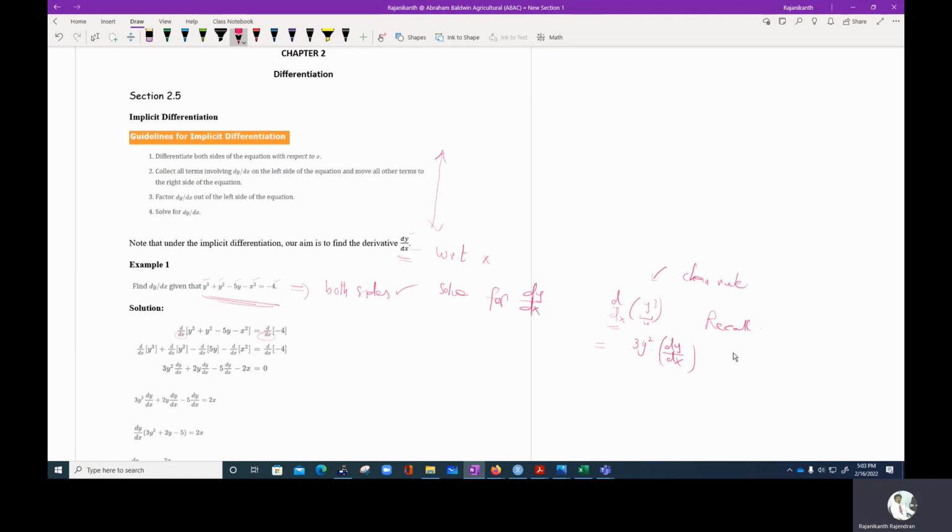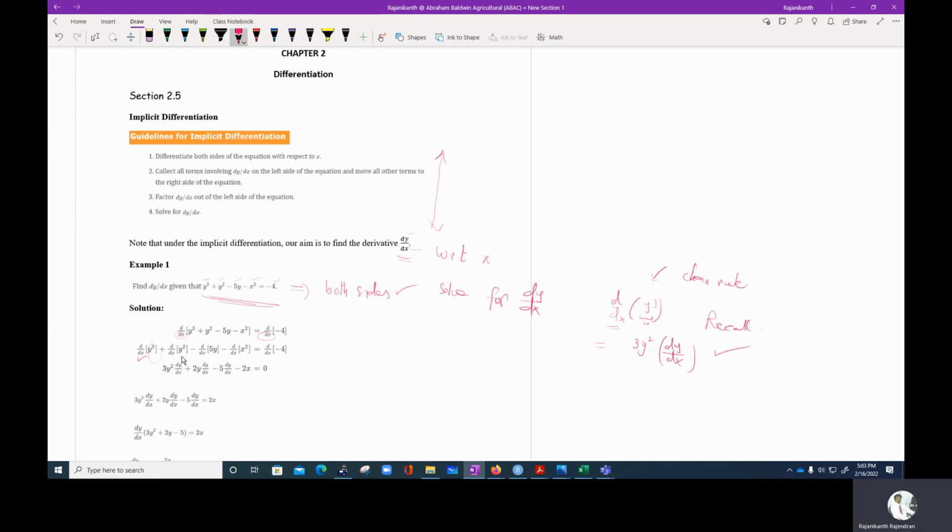You have to do this for all the terms one by one. So the derivative of y cubed with respect to x is 3y squared times dy over dx. All the time you have to put the derivative with respect to x, because you are differentiating with respect to x.